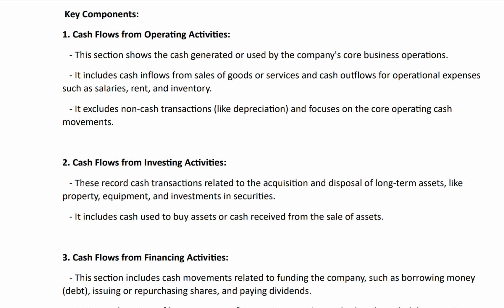And the theory says that there are just three ways for the cash to enter and exit a business. The number one is through operating activities, that is cash flow from operating activity. Operating activity means the company's core business. For example, just consider a small tea shop. The main purpose of the tea shop would be to sell tea.